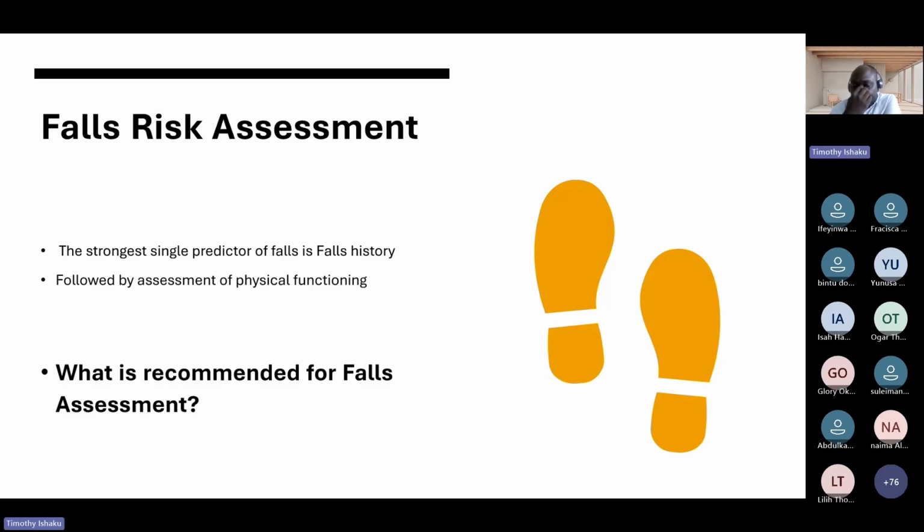But I will ask, and please unmute yourself or put it in the chat box: what is the recommendation for falls assessment? I think I mentioned it earlier on. What is recommended?